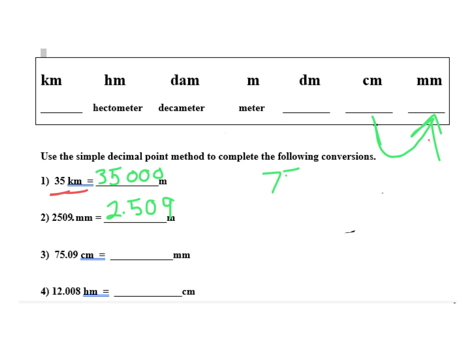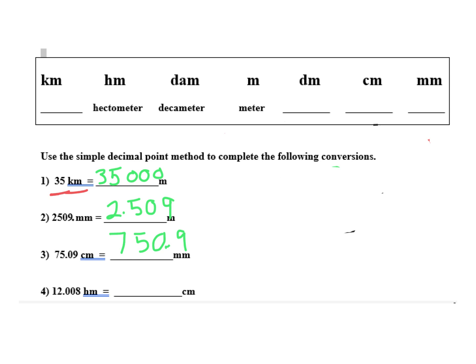So I have 75.09. I'm going to move that decimal one place to the left, and I'm going to get 750.9. And I just moved my decimal over one time. And that doesn't really feel mathy at all. So for those of you who don't like to be mathy, this isn't too bad.